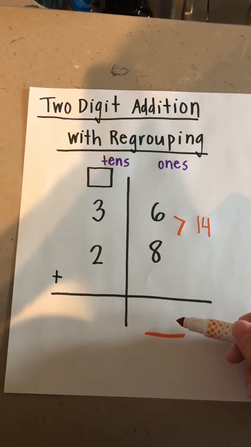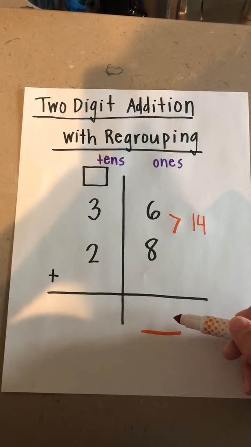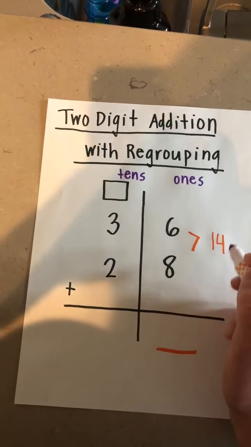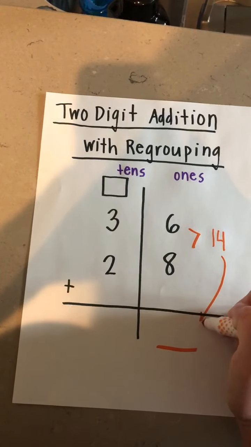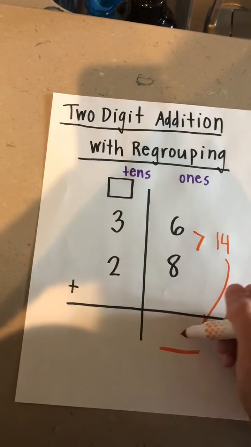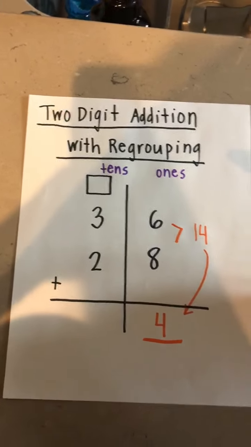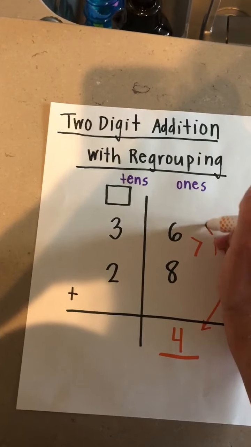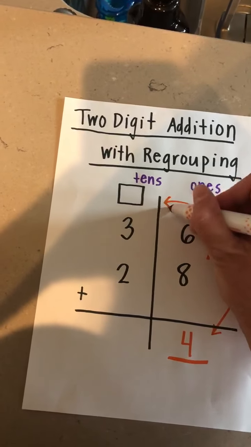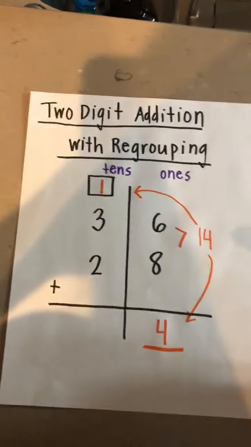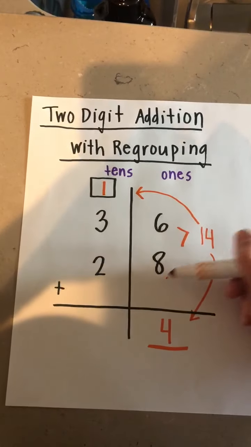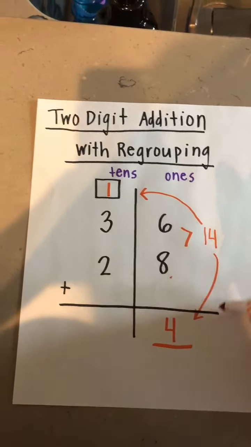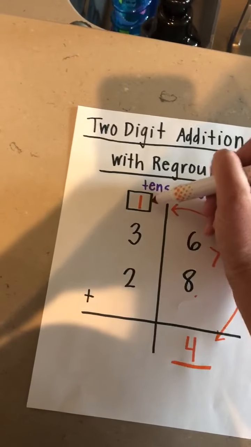Absolutely you can. With the 14 ones, using the algorithm model, we bring the 4 down here to the ones place because the number 14 does have 4 ones. And we are going to regroup the 10, meaning we're going to put this 10 up with the other tens in the tens column. Because 6 plus 8 is 14, and 14 has 4 ones and 1 ten.